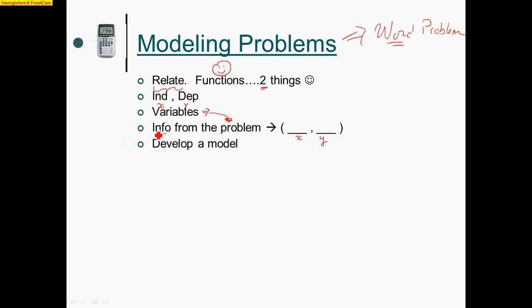Since we are in the linear unit, we are going to write a linear model, which means I need 1 or more points, and I need a slope, because my model is a linear function in point-slope form.